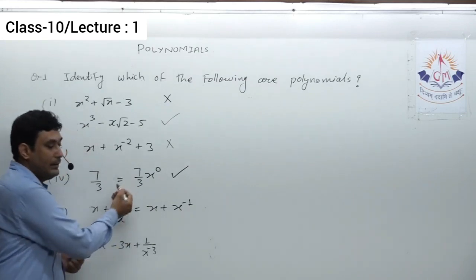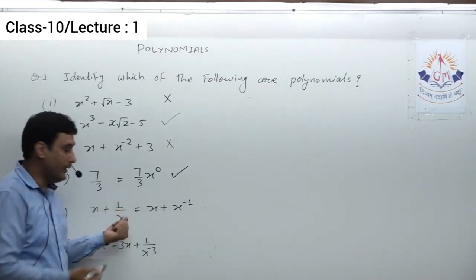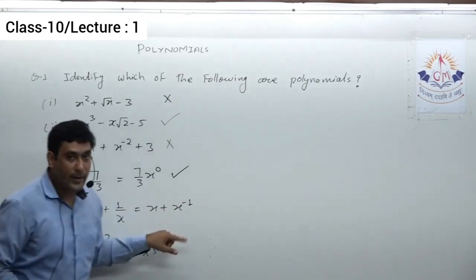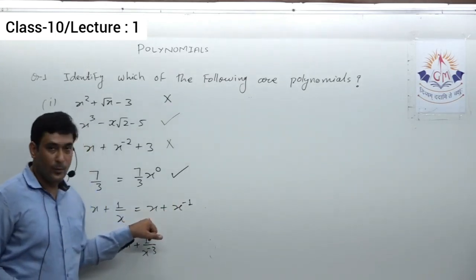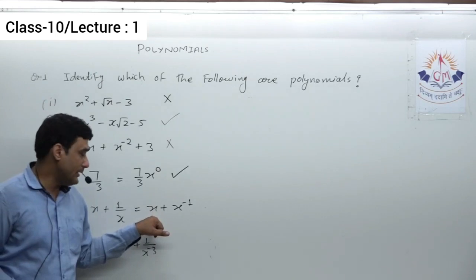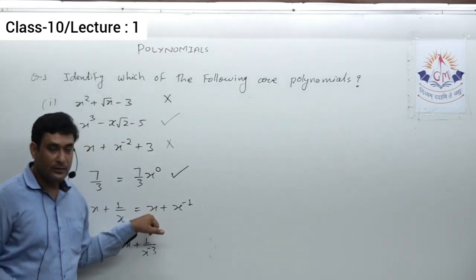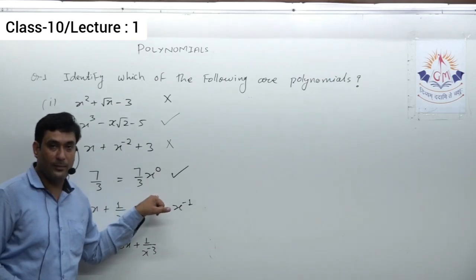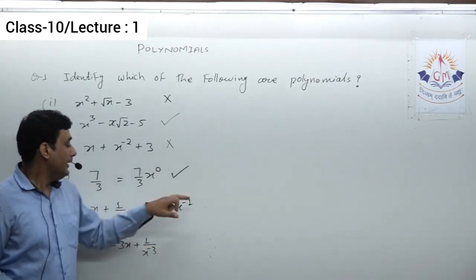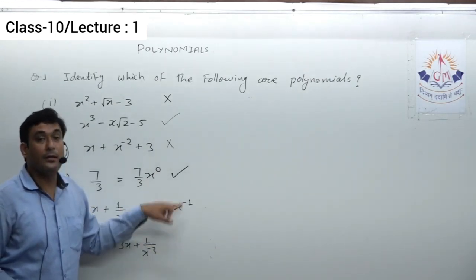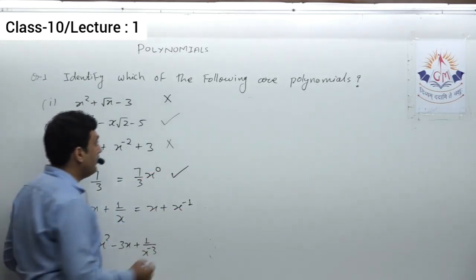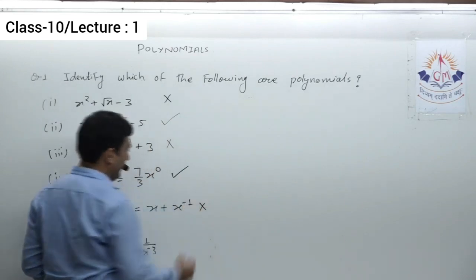When I take it to the numerator from the denominator, the power will change its sign, so it will become minus 1. Now I check whether it's a polynomial or not, and for that I check the power of the variable. Here the power of the variable, or the index of the variable, is 1, which is a whole number. Here again the power of the variable is minus 1, which is not a whole number. So this is not a polynomial.